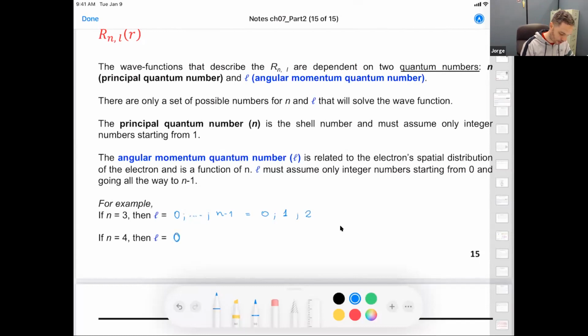All the shells will have L equals 0. And that will go all the way to N minus 1. For N equals 4, we have 0. N minus 1 is equal to 3.